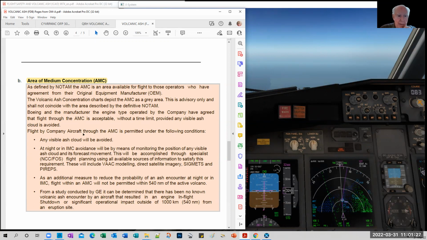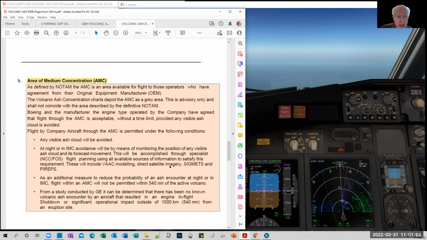Flight by this particular company's aircraft through an AMC is permitted under the following conditions. Any visible ash cloud will be avoided. At night or in IMC, avoidance will be by means of monitoring the position of any visible ash cloud and its forecast movement.